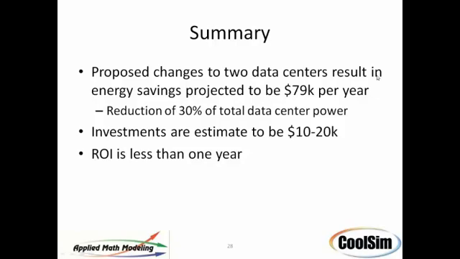Around inlet temperatures of 73 degrees, those fans will start to kick into high gear, and now you're defeating the purpose because you've got more fans and more energy. So there's an optimal supply temperature right around that 65 to 70 degree range and not much more.